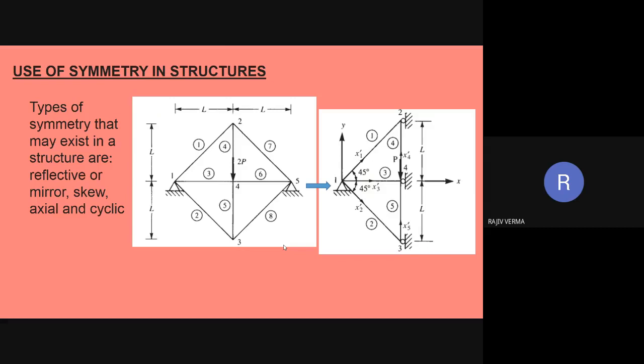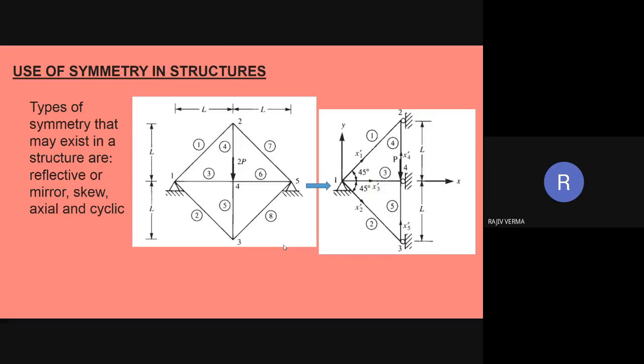Now please notice that since the entire structure is going to deform vertically in a symmetrical manner, it means that node number 2, node number 4 and node number 3 can deform vertically downwards, but they cannot have any axial deformation.